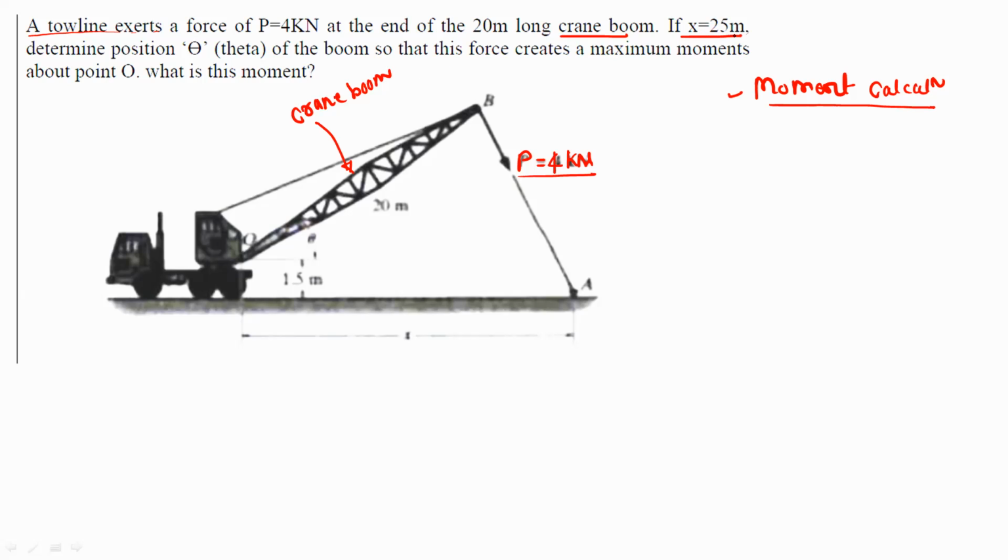If x is equal to 25 meter, so this is the distance x. So this is the point O, where the crane boom is connected to the trolley. Okay. And this horizontal distance is the x distance with respect to this point A that is fixed to the ground.